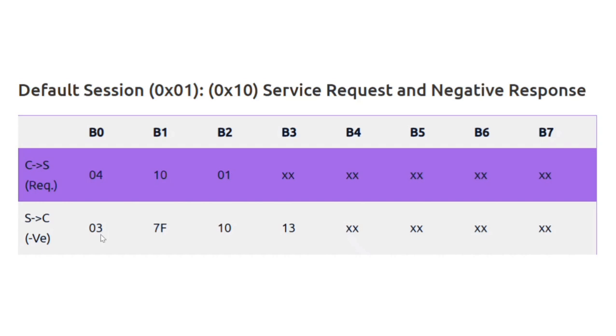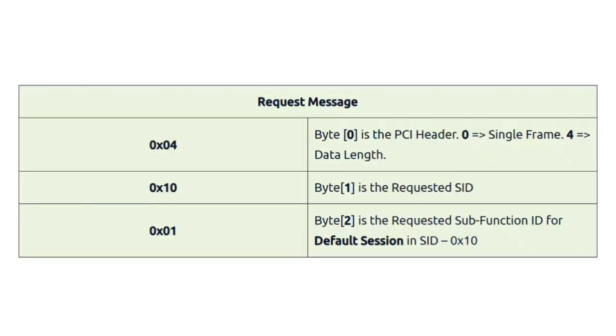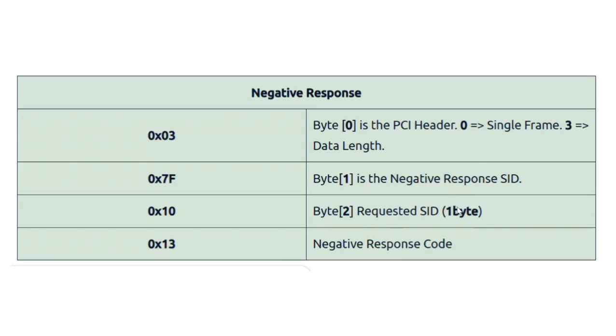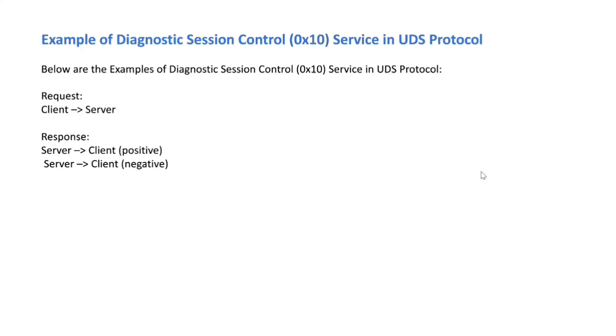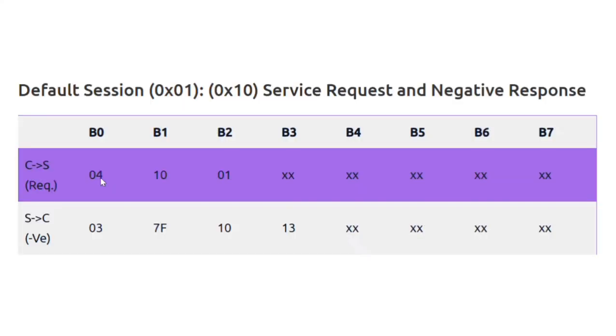We have got the NRC frame length as 03, 7F is for the negative response, 10 is the requested SID, and 13 is the NRC. 13 stands for incorrect message length or invalid format. This is correct because here we have sent 04 instead of 02. So that is why our request has been rejected by the requested ECU.